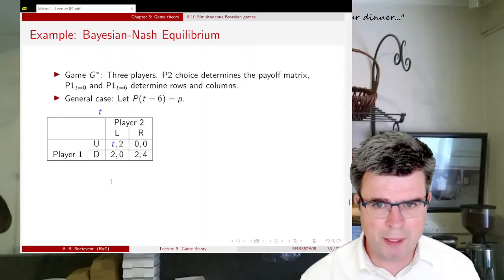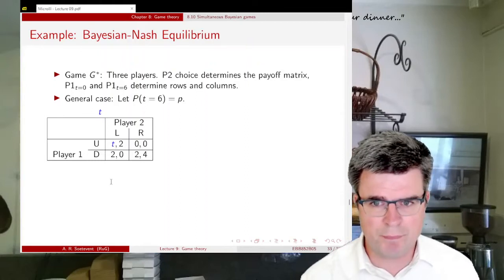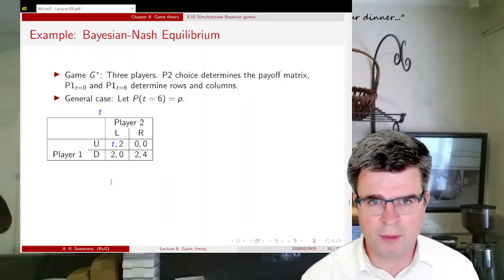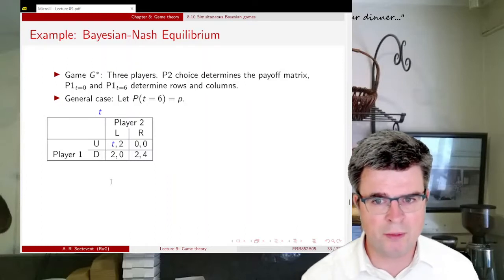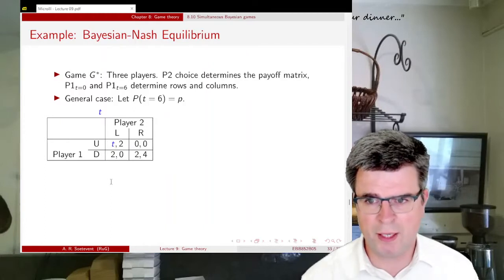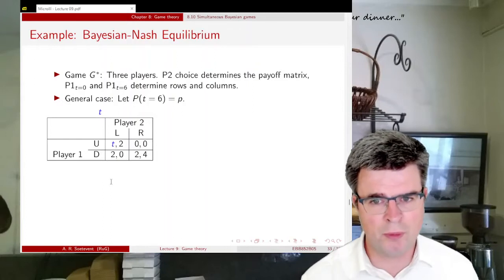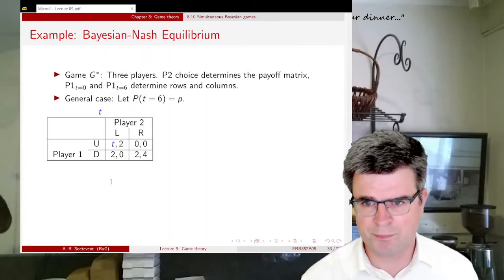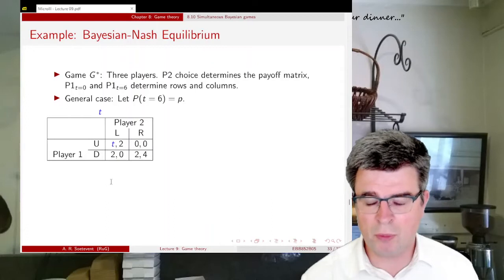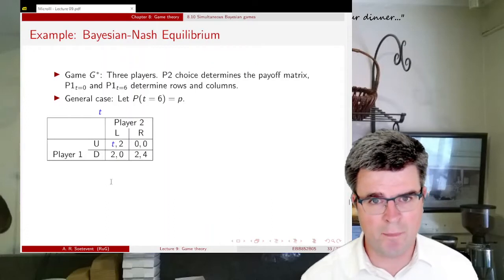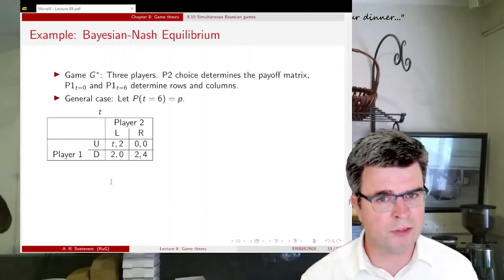So we have now 3 players. Player 2, and importantly in the way that we are going about it, the choice by player 2 will determine the payoff matrix. And the types of player 1, so either type T is 0 or type T is 6, will determine the rows and the columns. And we will do the general case. So we are agnostic about the probability with which player 1 is of type T is 6.